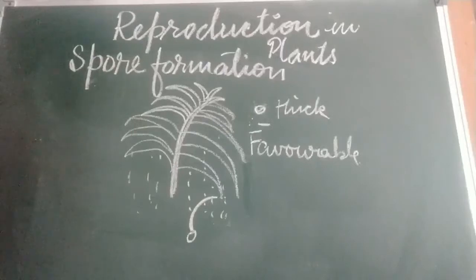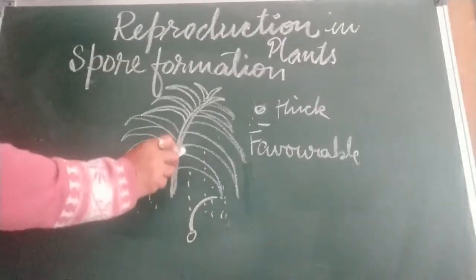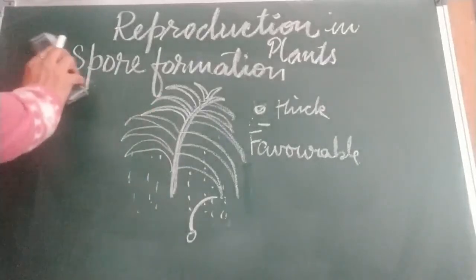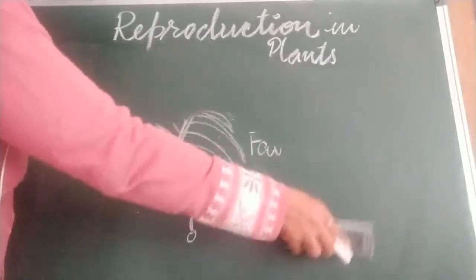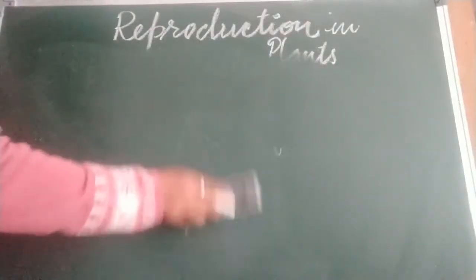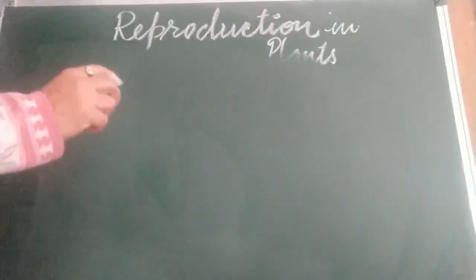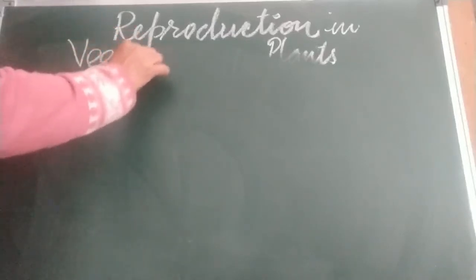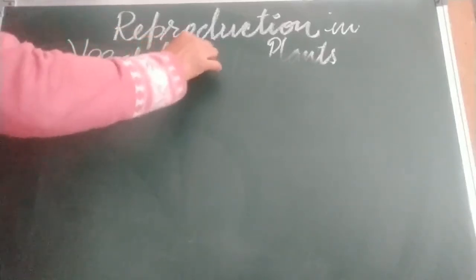These spores burst out of the thick wall, start multiplying and grow into new plants. So asexual reproduction is over. Now we are coming to the vegetative one. Very interesting. What is vegetative reproduction?